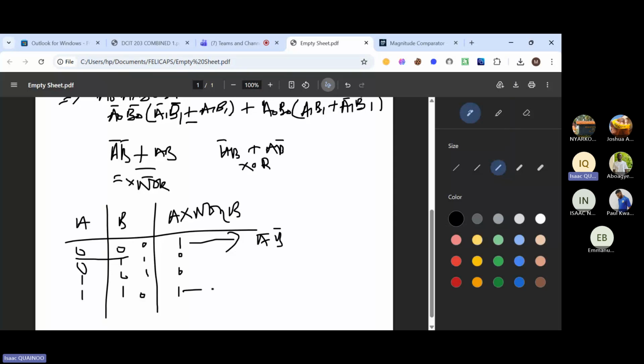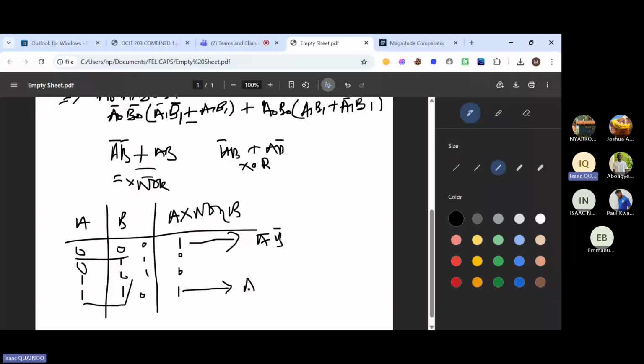And for the second combination where our output was 1, what is the corresponding A and B input combination? AB. Good. So we have A and B, which is AB.